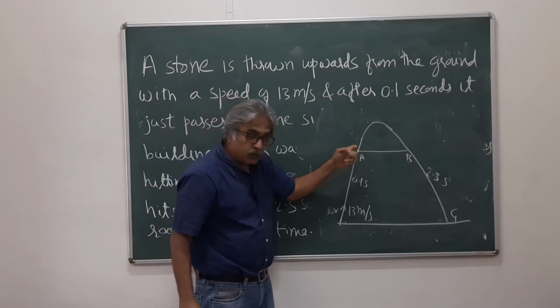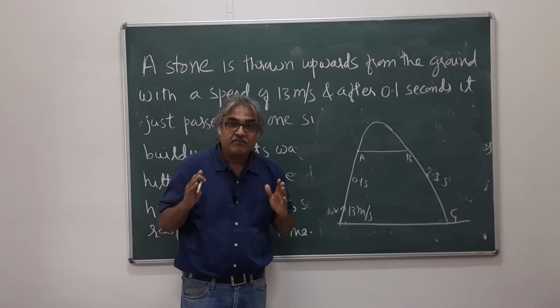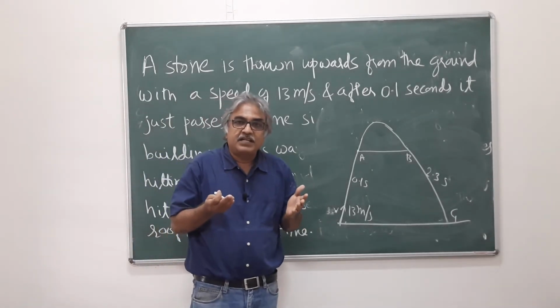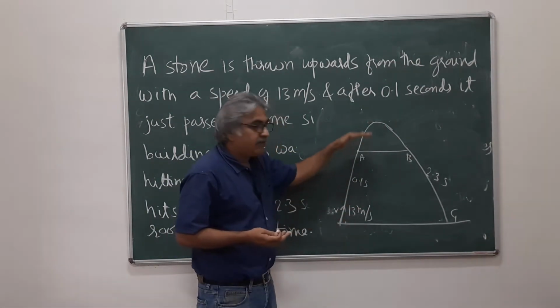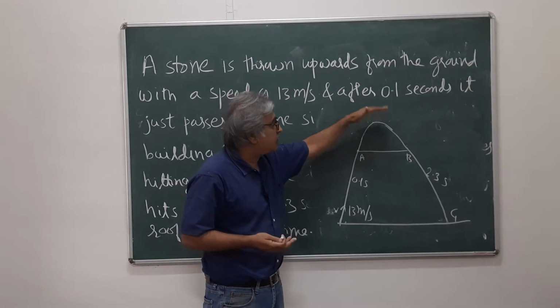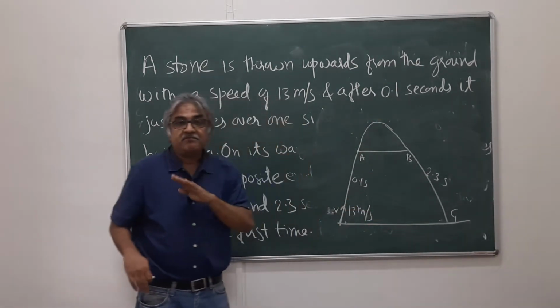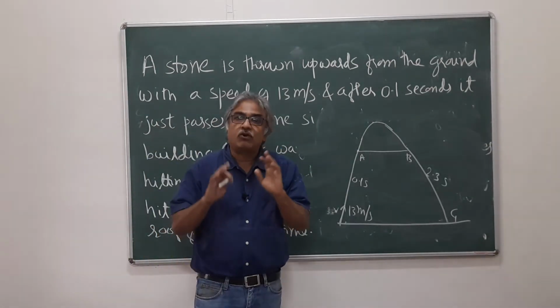Because in projectile the horizontal component of the velocity is always constant. It's the vertical component of the velocity which keeps on changing. Here the vertical component will be 0. So the vertical component keeps on reducing, it becomes 0, then downward it keeps on increasing in downward direction. But throughout the travel of a projectile, the horizontal component of velocity is always constant.